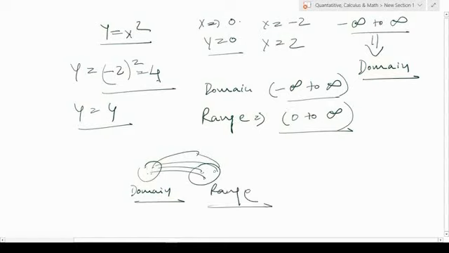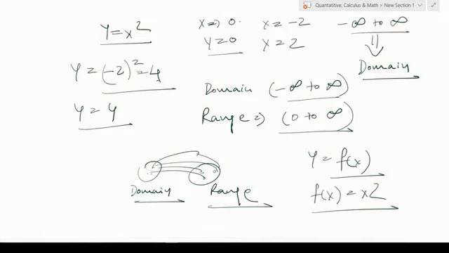Now here we have used f of x. We saw y is equal to f(x), and for f(x) we have substituted x squared. This function can be changed, and we'll keep on looking at more solutions to get a better understanding of what the domain and the range are.